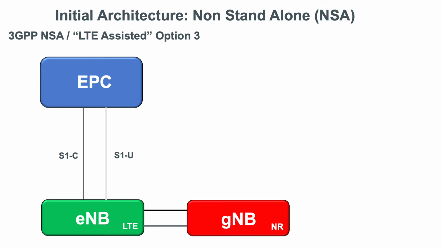In this particular configuration, the gNB is going to have its user plane and control plane connected to the EPC via the eNodeB. This is known as the 3GPP NSA, or non-standalone LTE assisted configuration, or simply option 3.